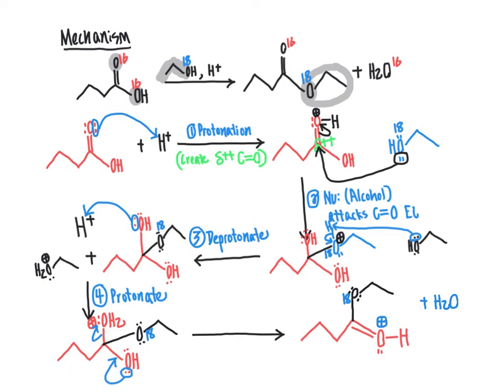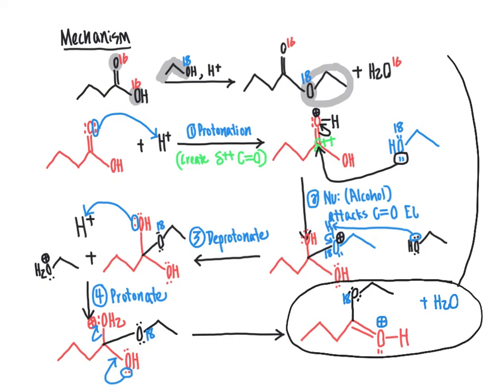And now at this point, we are almost to our final observed product, where we just need to go from here, where I'm just circling, up to here. And in order to do so, all that we need to do is a deprotonation step, because our intermediate here, I'm circling, has the positive formal charge. We need to get rid of that positive formal charge. We can do so by deprotonating.